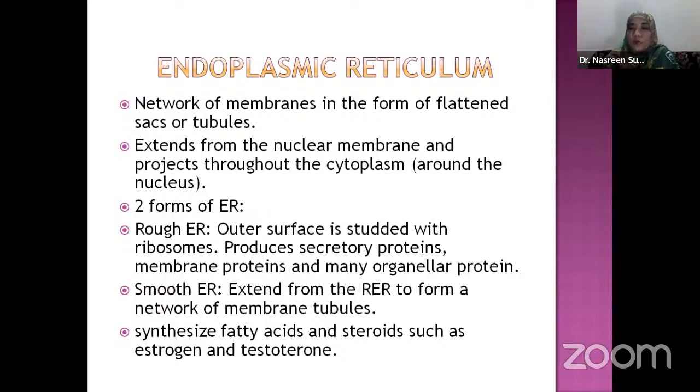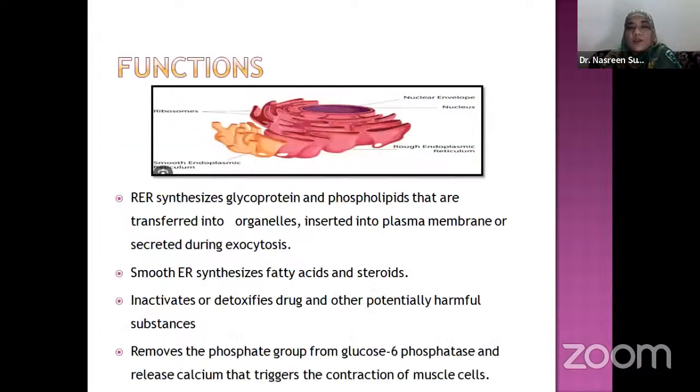So there are usually two forms of endoplasmic reticulum, rough and smooth. Rough will be embedded with ribosomes, and hence they help in protein secretion, whereas smooth endoplasmic reticulum helps in the synthesis of fatty acids and steroids such as estrogen and testosterone. Coming to the functions, the rough endoplasmic reticulum, as I told you, helps in the production of proteins. They synthesize glycoproteins and phospholipids.